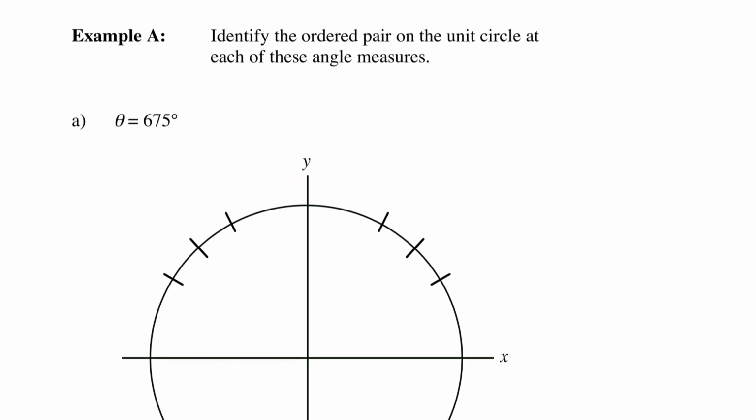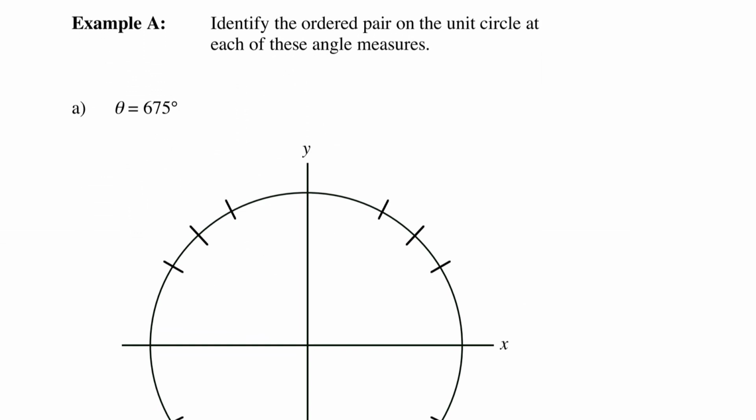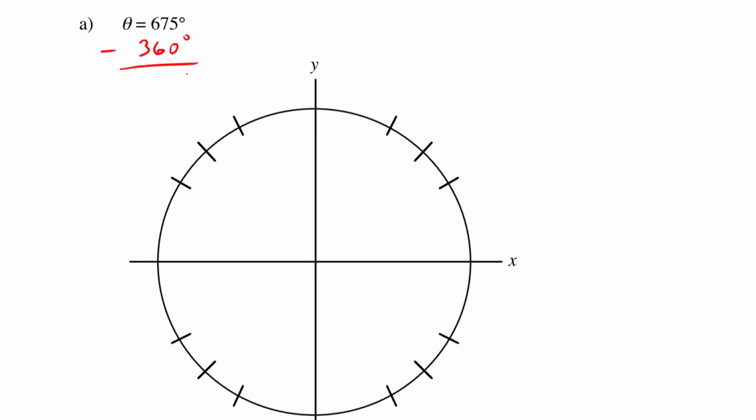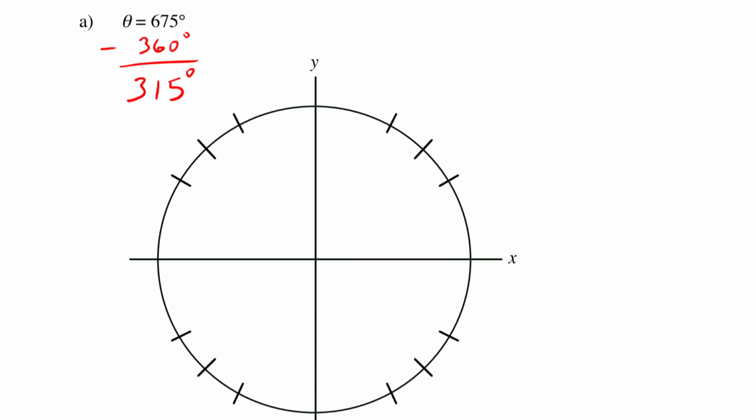So here's our task. We're going to identify the ordered pair in the unit circle at each of these angle measures, starting with angle A. Theta is 675 degrees. So let's think about that. It's certainly more than 360, but less than 720. So it's at least one revolution, but not two full revolutions.